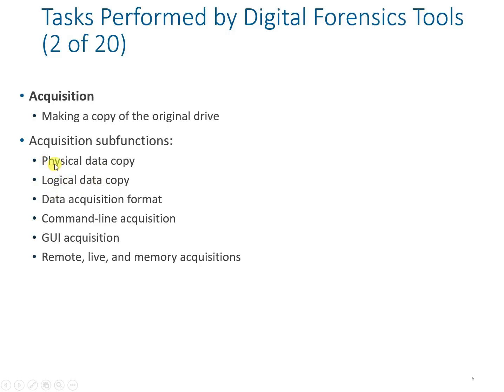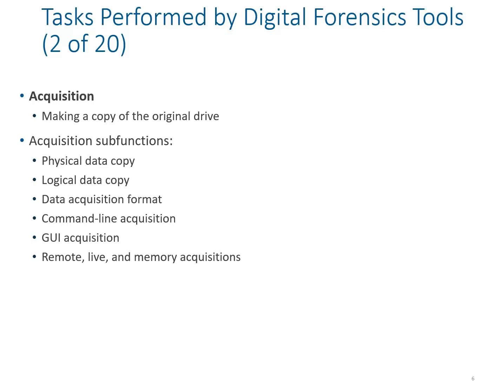The difference between physical and logical is that if we are conducting the analysis on a hard drive, we have to make sure that the data is 100% intact, and you don't know if the hard drive was actually encrypted. So to avoid those kinds of things, we always go for a logical data copy.